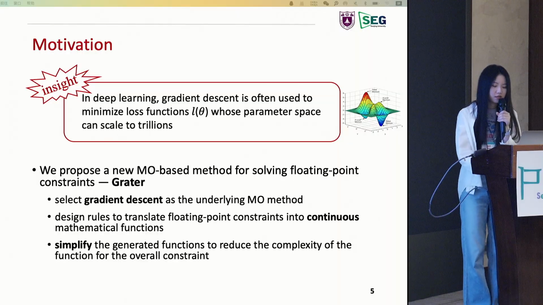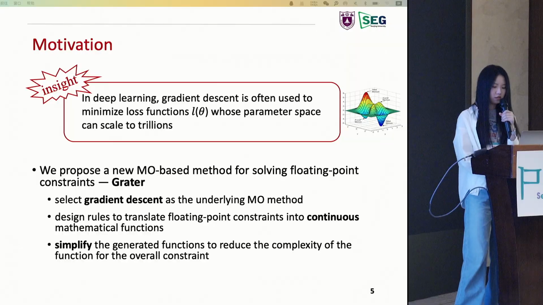This requires that the mathematical functions are continuously differentiable. So we design the translation rules to translate the floating point constraints into continuous mathematical functions. At the same time, we further simplify the generated functions to reduce the complexity of the function for the overall constraint. And evidence shows that the reduced complexity often improves the performance of the MO method.